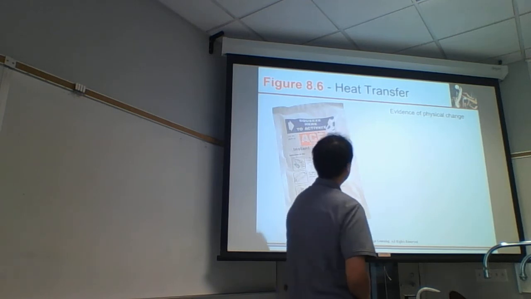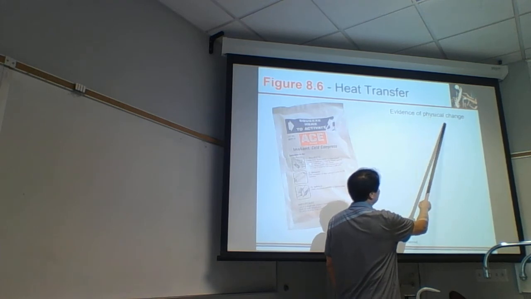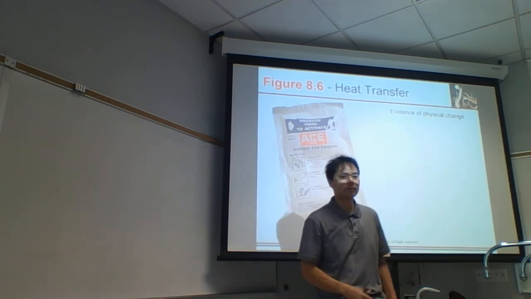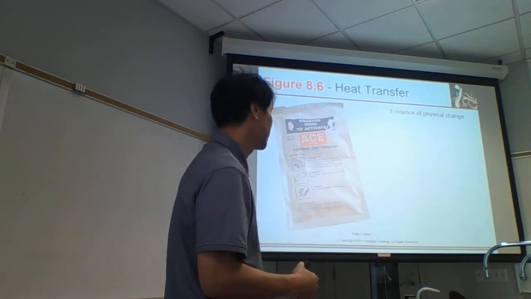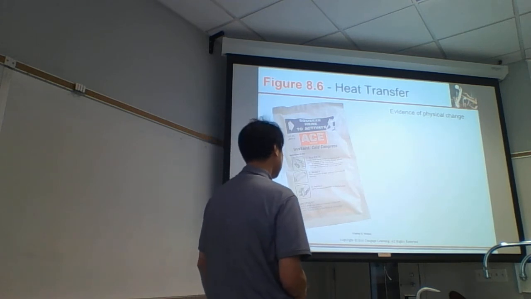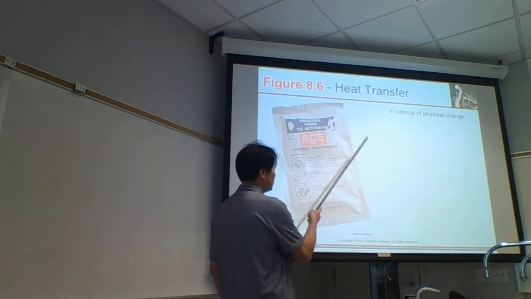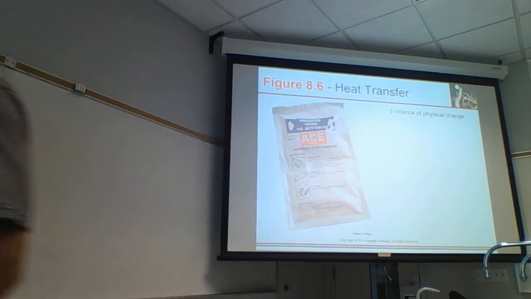And so heat transfer, this one in particular, is a physical change. However, there are examples of chemical ones, like when we do the Bunsen burner. When you do the Bunsen burner, there's lots of heat given off. That's for sure chemical. And so again, we just have to be cautious because sometimes this can be physical, sometimes it can be chemical. There are just certain salts that, when dissolved in water, either give off heat or consume heat.